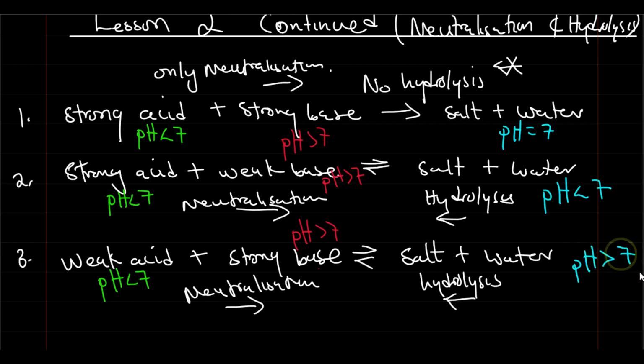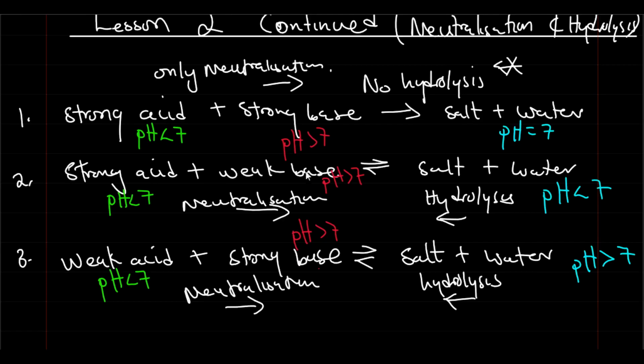Greater than 7. Okay, so now even if you take it in reverse, you talk about hydrolysis. So hydrolysis of a salt that resulted from a reaction of a strong acid and a weak base, right?